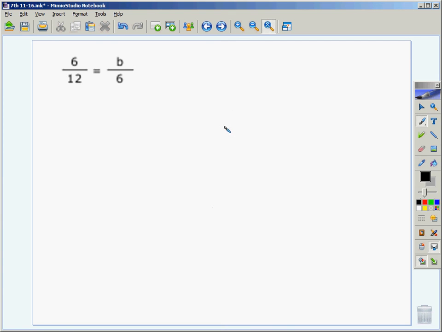6 over 12 equals b over 6. What do I do to solve a proportion? Cross multiply. I cross multiply. I would take 6 times 6, which is 36. Notice how I didn't write down 6 times 6 this time, did I?